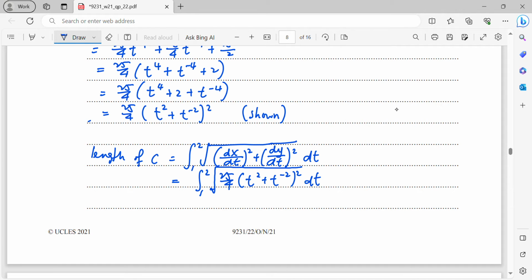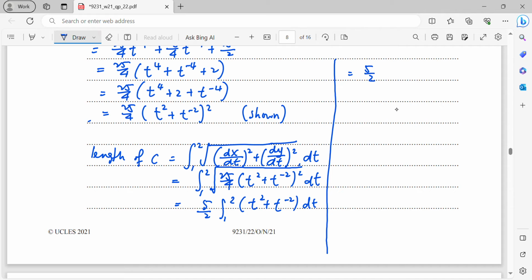So now, square root of 25 over 4 is basically 5 over 2. Okay, so the square and square root can be cancelled off. Right? Therefore, I will get t squared plus t power negative 2. So to integrate this, right, it is a basic integration. So I will continue here. So this is equals to 5 over 2.